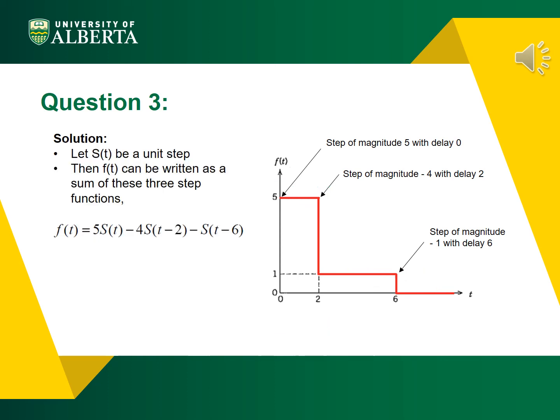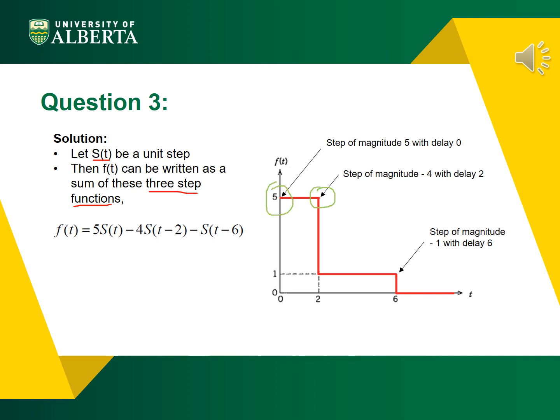If s of t is the unit step change, then the original function f of t can be written as the sum of the 3 step functions which we saw in the last slide. So f of t will be equal to the first step plus the second step plus the third step.